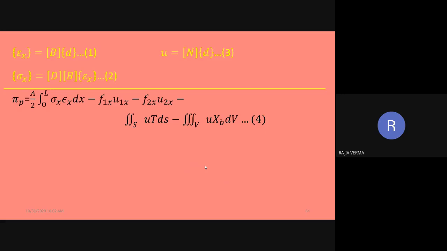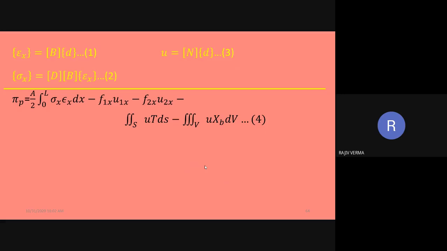So in this case, that is expression number 4 presently on display, the U appearing in both these terms, that is the surface energy and the volume energy, are basically the same expressions.